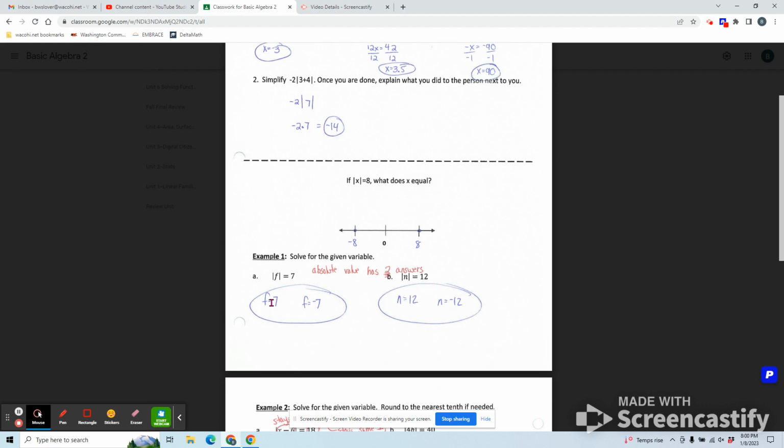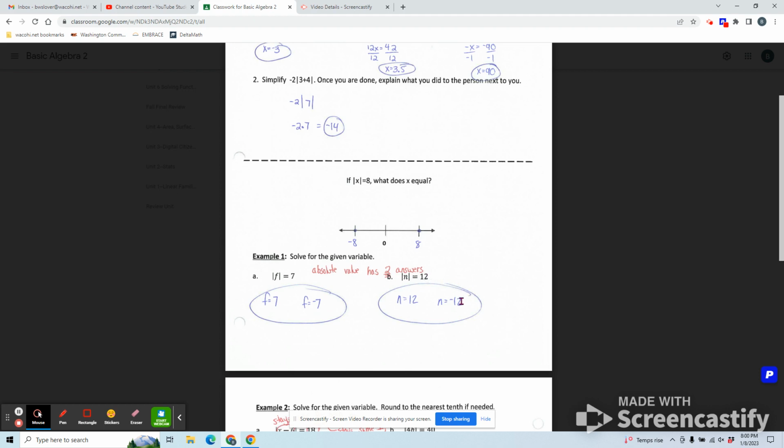The first equation you set up is the exact same. You just lose the absolute value bars. The second one, you lose the absolute value bars, and it equals the opposite of whatever it was. So the n stayed the same, 12 stayed the same, and then my second equation, the n is the same, and then this becomes the opposite.